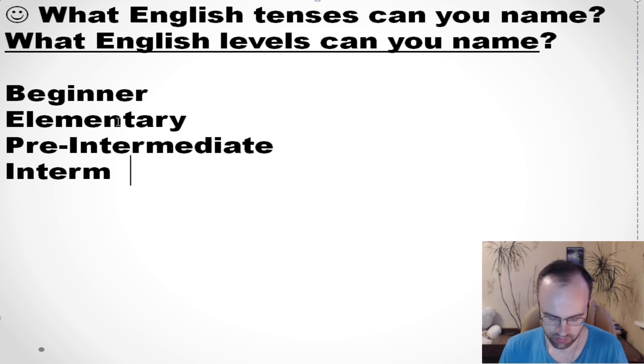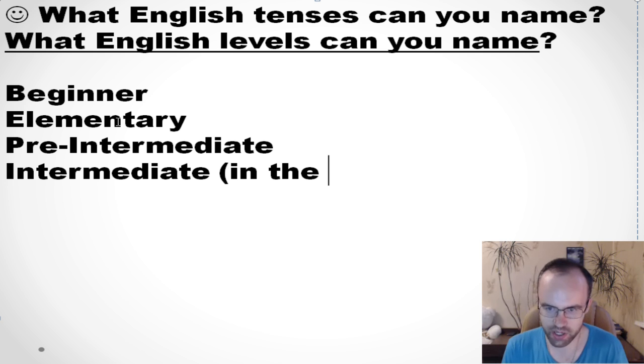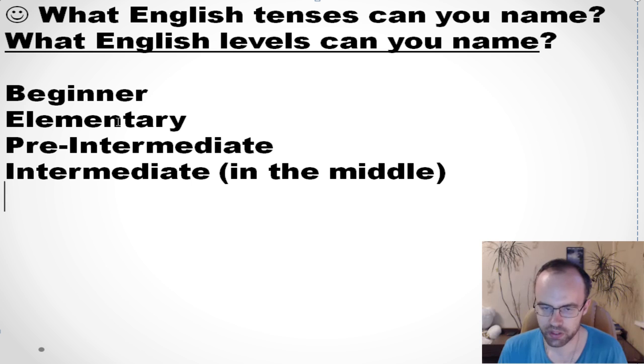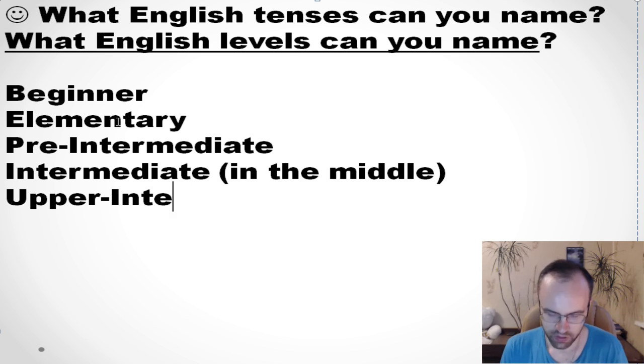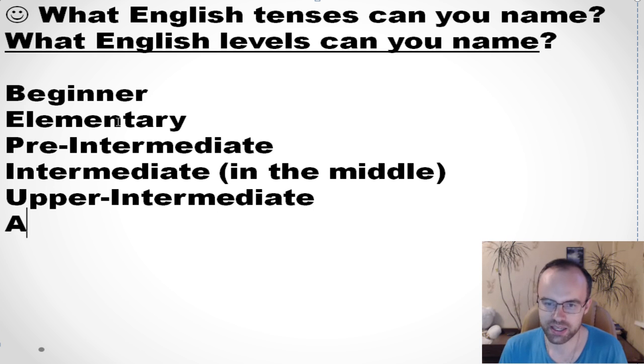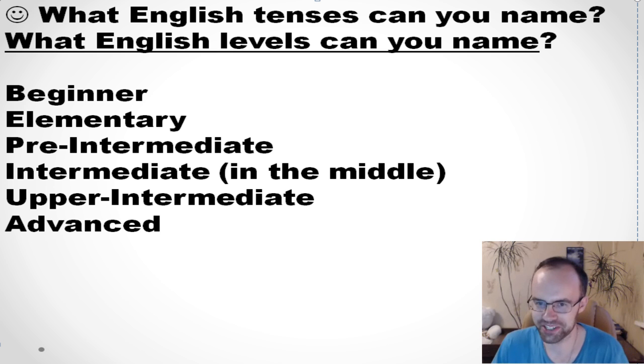Intermediate. Intermediate, so it's in the middle. So it's somewhere in the middle. Then we have upper intermediate and advanced. Okay, very good. Well done, my friends.